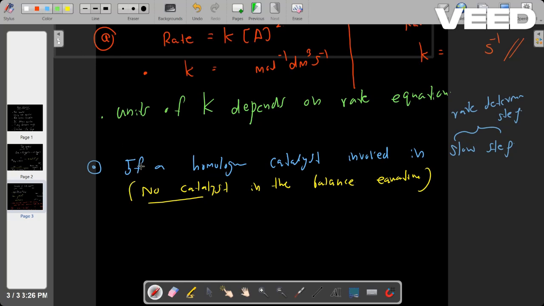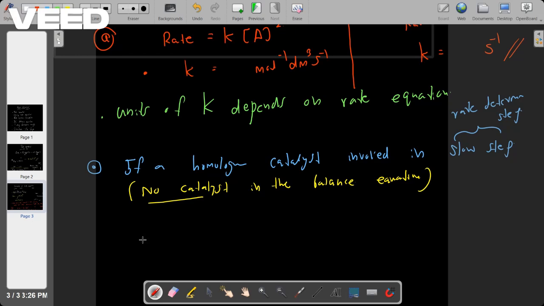You must wonder: in the stoichiometric equation the catalyst is not there, but suddenly something that is not written in the equation appears in the rate equation. So you can assume it is a homogeneous catalyst in the rate determining step, and it will appear in the rate equation.